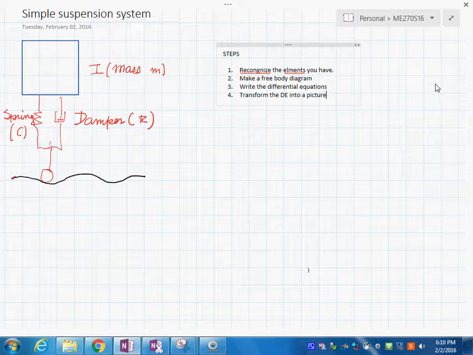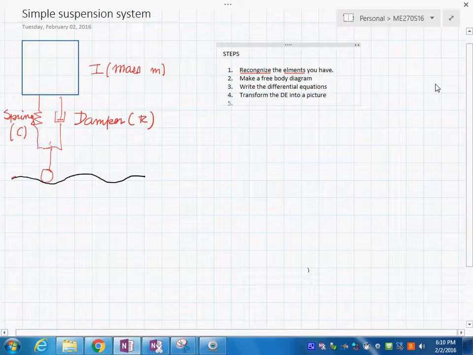Okay, so transform the differential equation into a picture. Then you will say represent the integrations on the input and output devices.